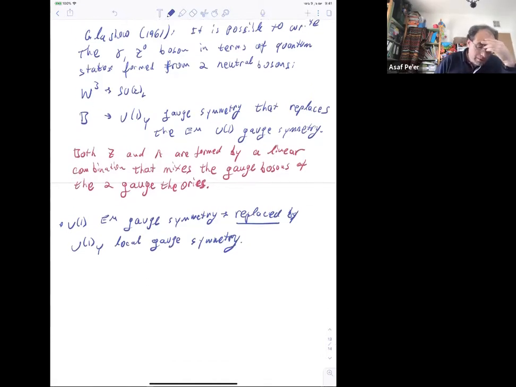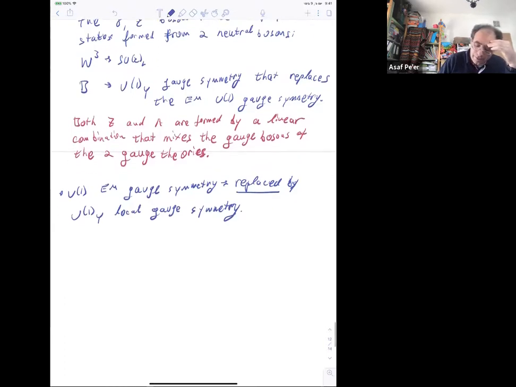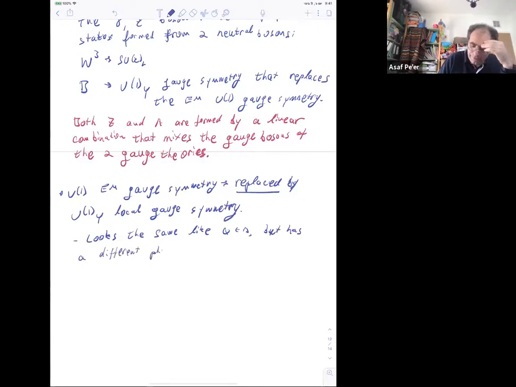Now this new gauge symmetry looks exactly the same as the QED, but it has a different physical meaning. Looks the same, but has a different physical meaning.